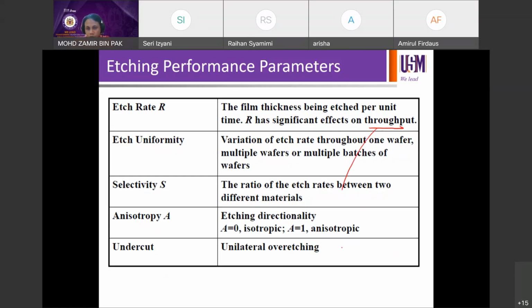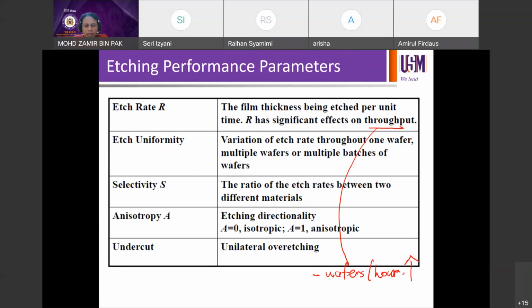How many wafers per hour can you process? We want to have a high throughput for every single process.